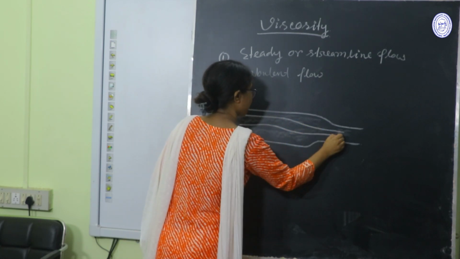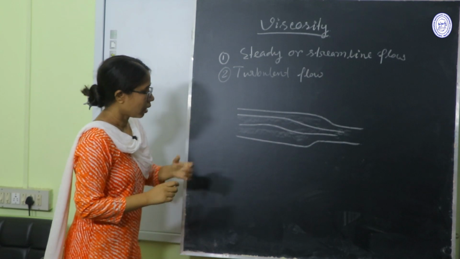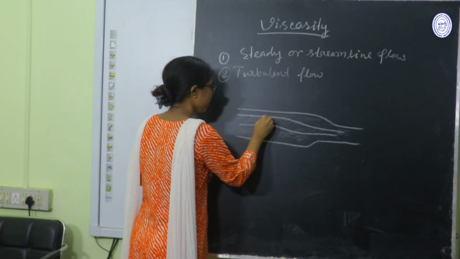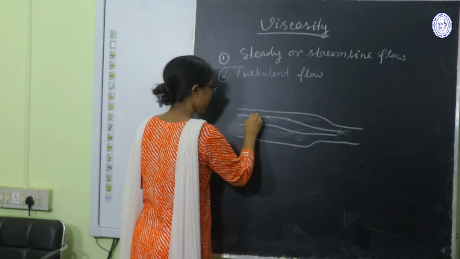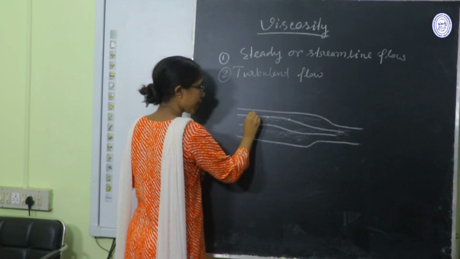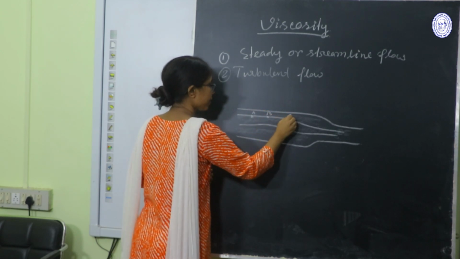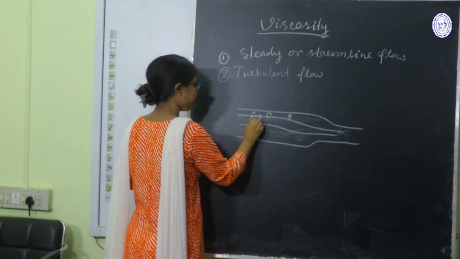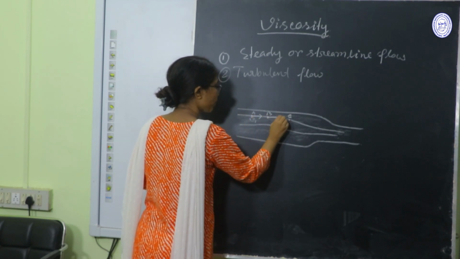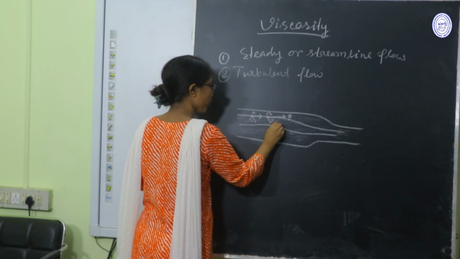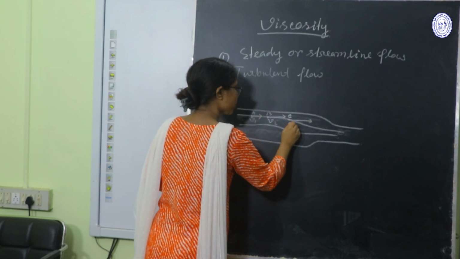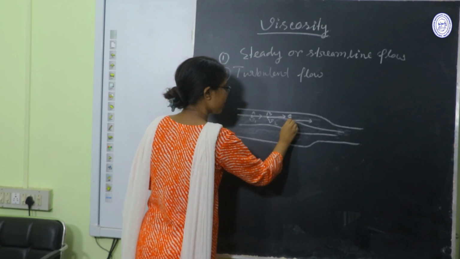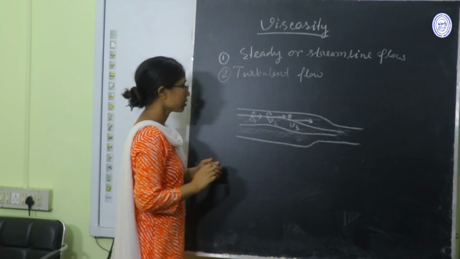These are the layers, and I consider three different points A, B and C. At the first point the velocity is V1, at the second point the velocity is V2, at the third point the velocity is V3, and these are the directions of velocity.